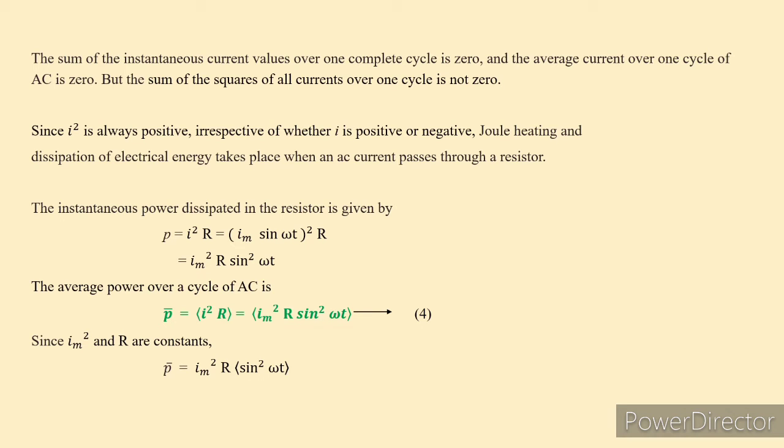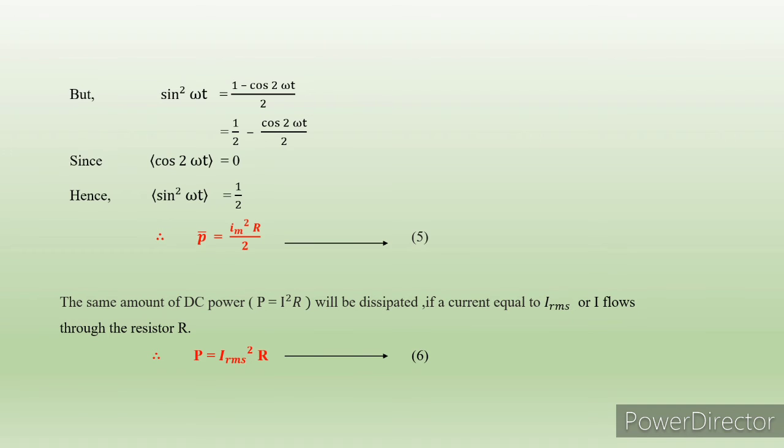Since Im square and capital R are constants, P bar is equal to Im square R into the average value of sine square omega t. But sine square omega t is equal to (1 minus cos 2 omega t) by 2, that is equal to 1 by 2 minus cos 2 omega t by 2.